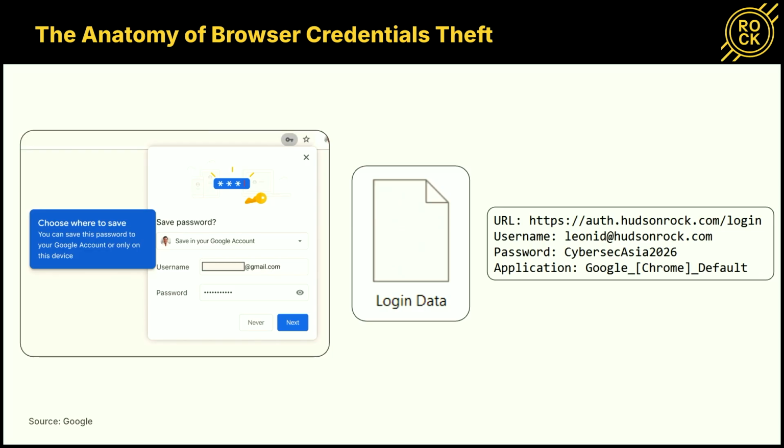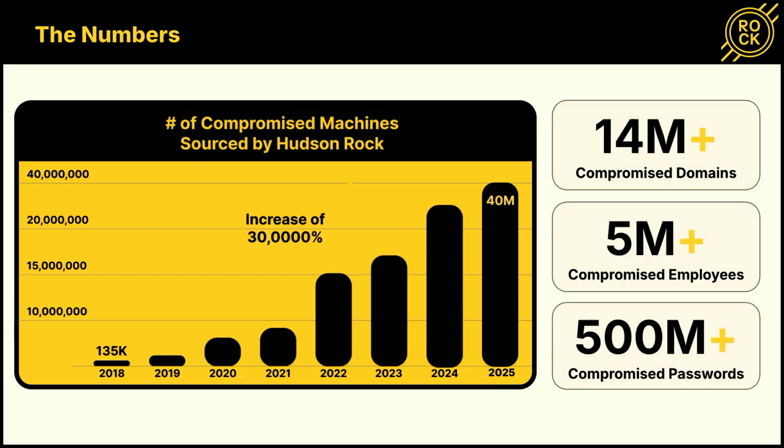And again, just to summarize, the main purpose of the Infostealer is to steal credentials stored inside the built-in password manager. And now you will say, Leonid, or Leo, whatever works best for you, if the main purpose of the Infostealers remains the same, why are you here? What is the difference?